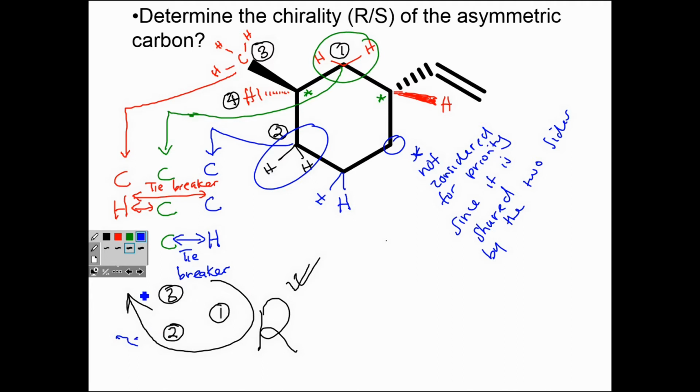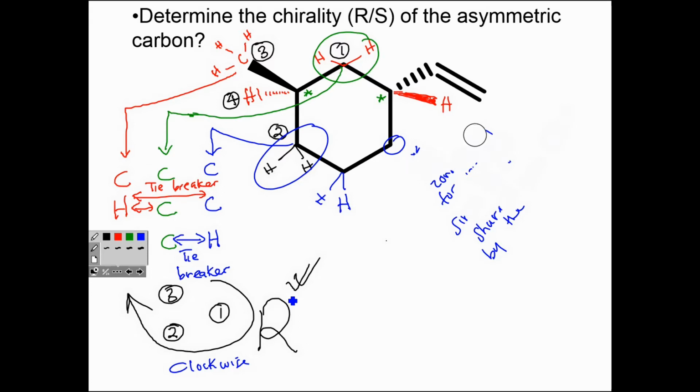You're going clockwise. So there are 2 assignments for these, R and S. And remember, our smallest group is facing away from us, so it stays an R. If we had a bold wedge here, like this wedge for the smallest group, the true assignment would be the opposite of the R, which is S, but in this case it's facing away, so it stays as an R.